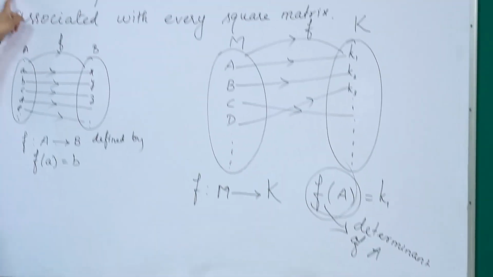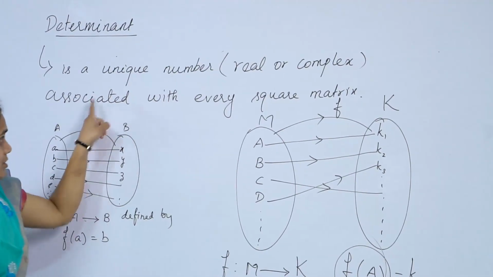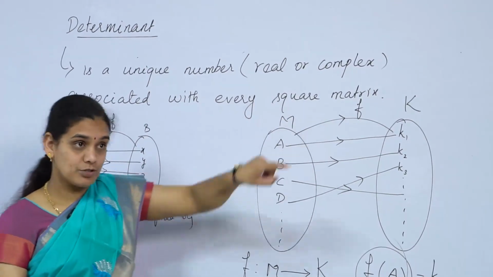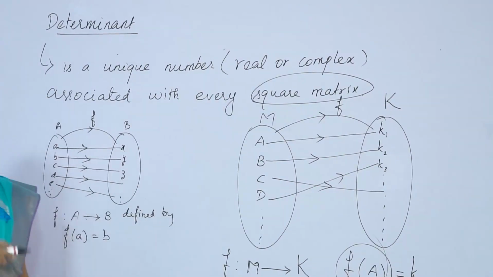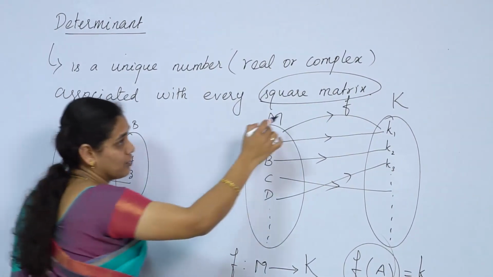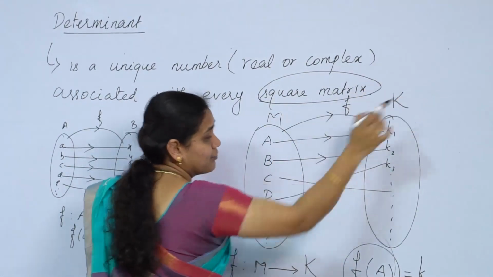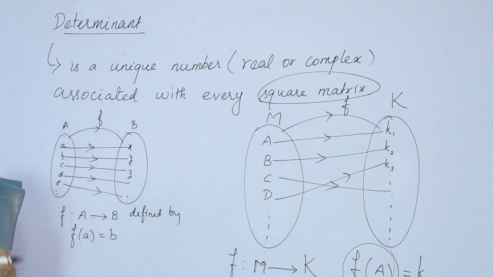What is a determinant? A determinant is a unique number associated with every square matrix. It also clearly says that the determinant exists only for square matrices, not for rectangular matrices. We cannot find the value of a determinant for rectangular matrices, only for square matrices.